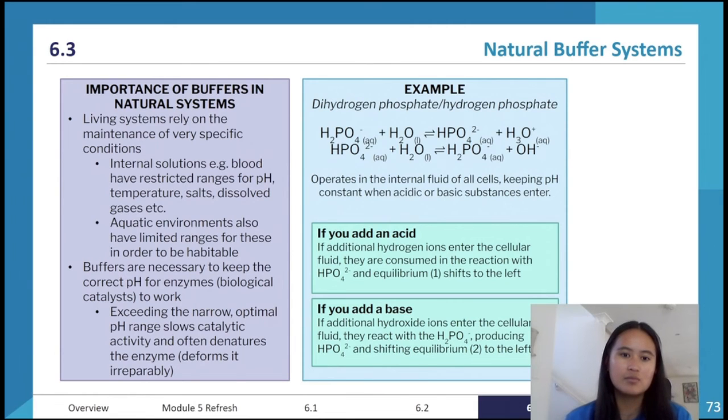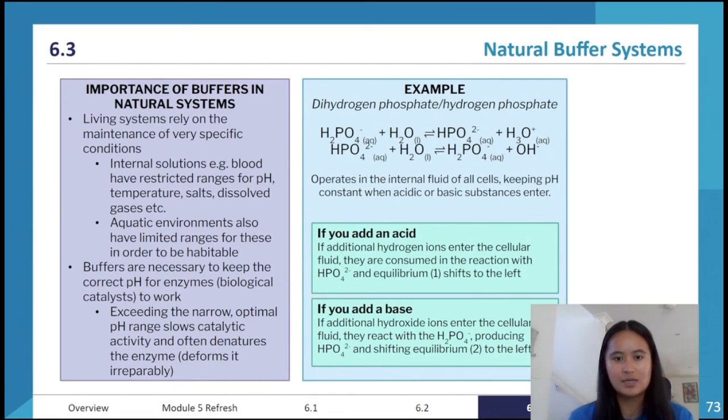But they're necessary to keep the correct pH, because pH is like the environment, like keeping the correct temperature for your body. You need to keep the correct pH for everything in your body to function. That means enzymes, that means different cell structures. Everything needs to work at an optimal pH.